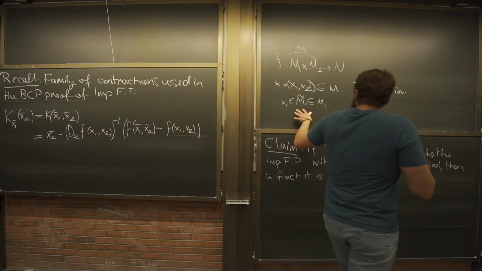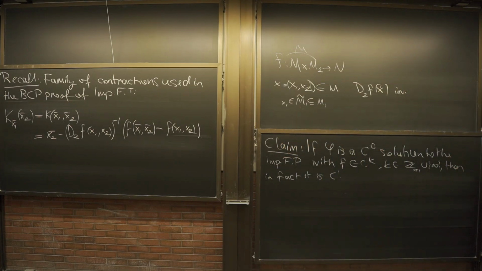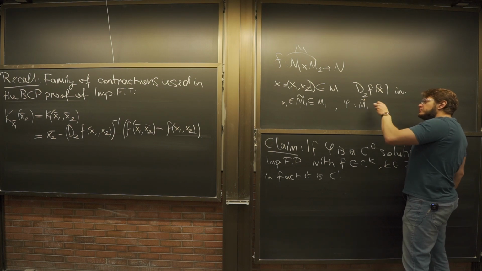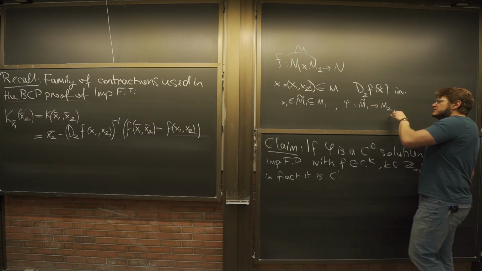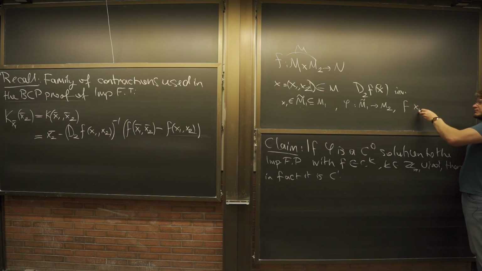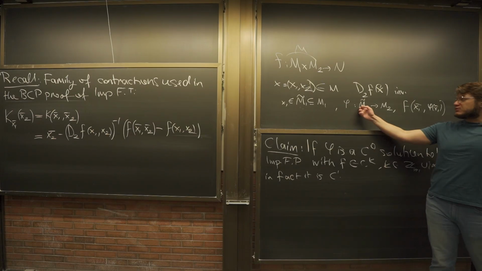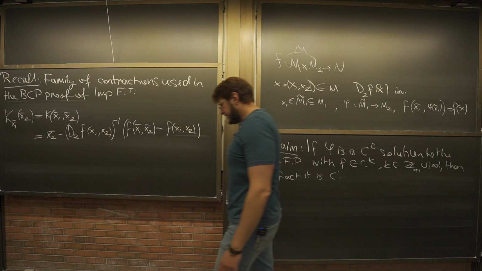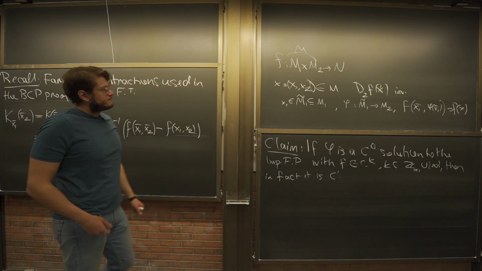We wanted an open set around x1 and a function phi that goes from this open set into the second component, such that if I were to take an x1 bar in this open set, so it's a perturbation of the initial condition, and pair it with the image, so the output under this function phi, I want this to be in the same level set, same height. That was the need. That was what we were trying to do.